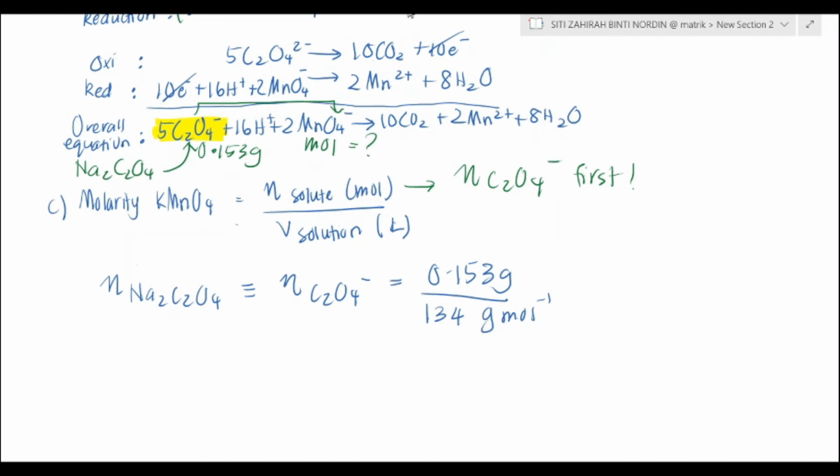This 134 gram per mole is the molar mass for the solid form, because you can't find the molar mass of an ion.